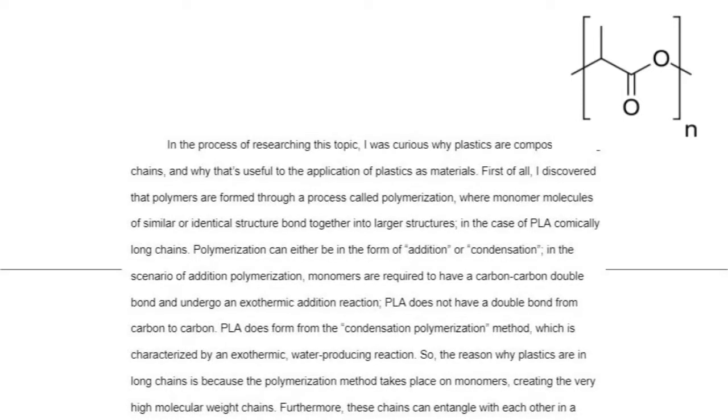In the process of researching this topic, I was curious why plastics are composed of long chains and why that's useful to the application of plastics as materials. First of all, I discovered that polymers are formed through a process called polymerization, where monomer molecules of similar or identical structure bond together into larger structures, in the case of PLA, comically long chains.